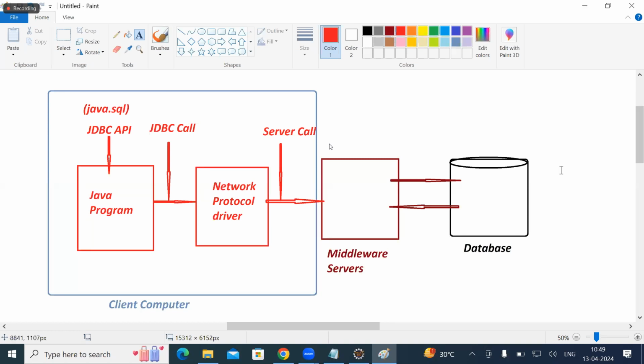The servers concept came many years back.